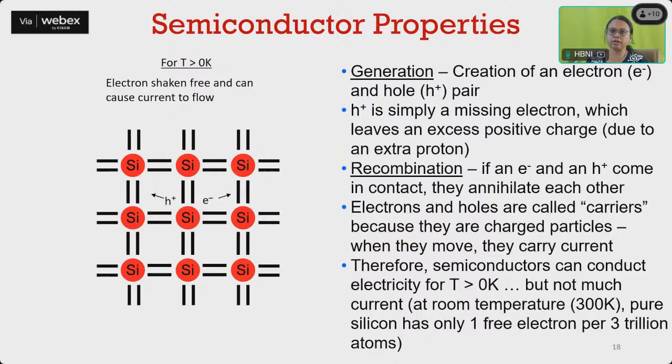We may think that just by increasing the temperature we will get a lot of conductivity, but it is not so. At room temperature, we have only one free electron per 3 trillion atoms of silicon, so that is not much conductivity. So what is the different way to increase the conductivity? We dope it.